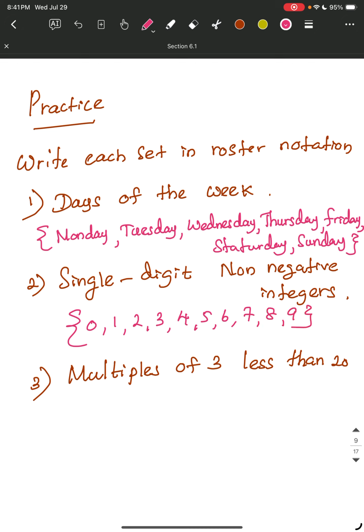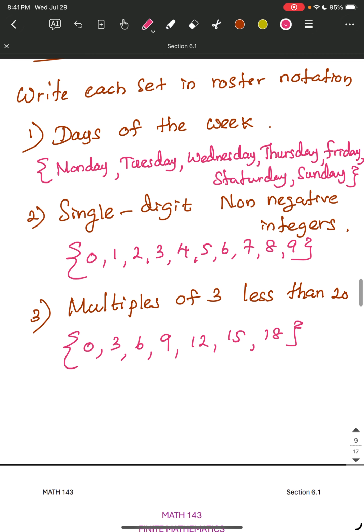Multiples of 3 less than 20: 0, 3, 6, 9, 12, 15, 18. Okay, take your time and then convert one of them into set builder notation.